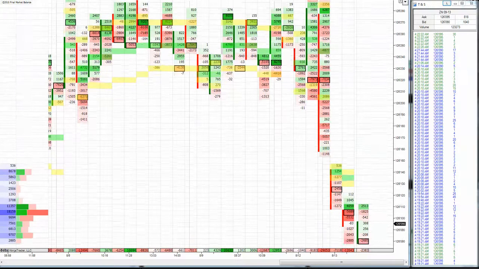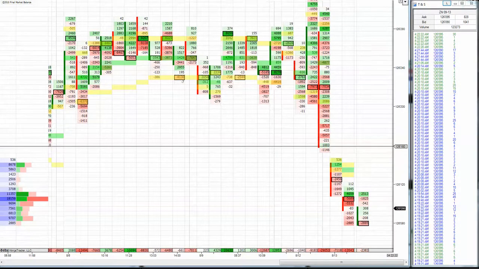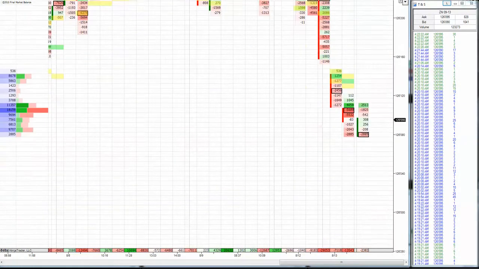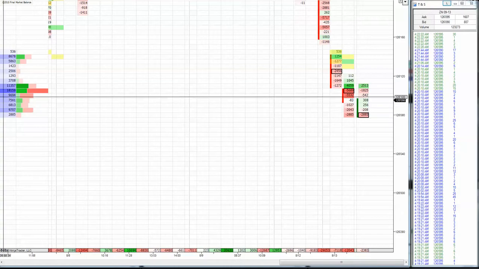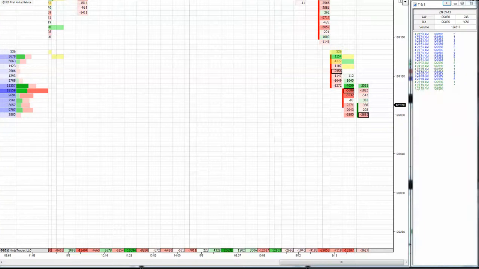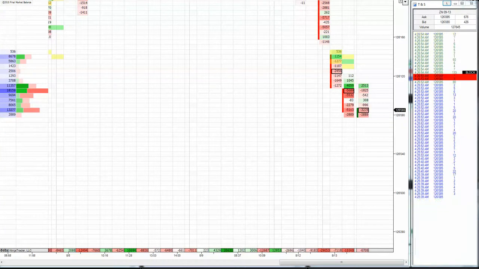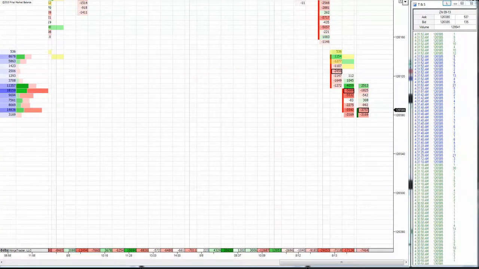Let's make it a little bigger, and I'm going to move the chart up so we can see if it breaks. It's 4:22 a.m. on the 13th, and there's more selling coming in.